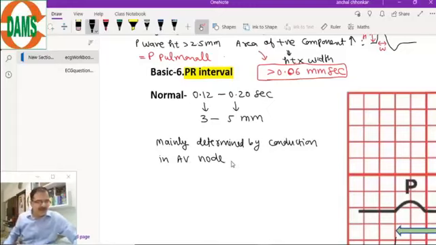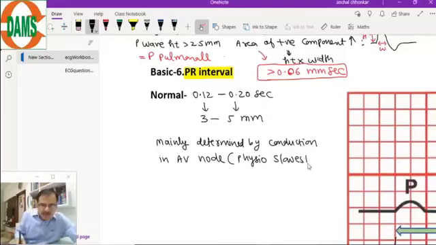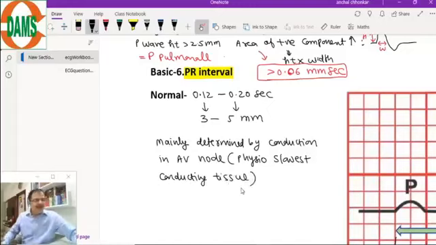The PR interval is determined by the conduction in the AV node, and it is physiologically the slowest conducting tissue in the heart. So it is mainly determined by conduction in the AV node, which is the physiologically slowest conducting tissue in the heart. So after the normal PR interval, we move to the abnormalities of the PR interval.